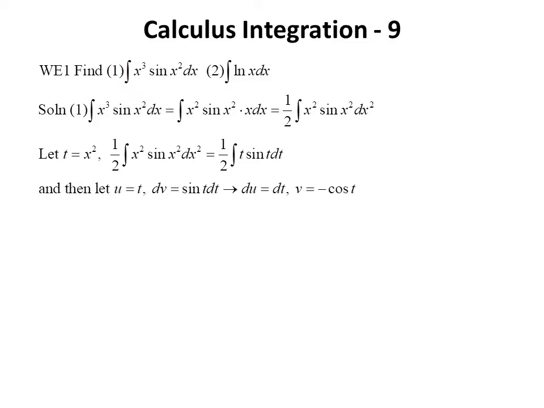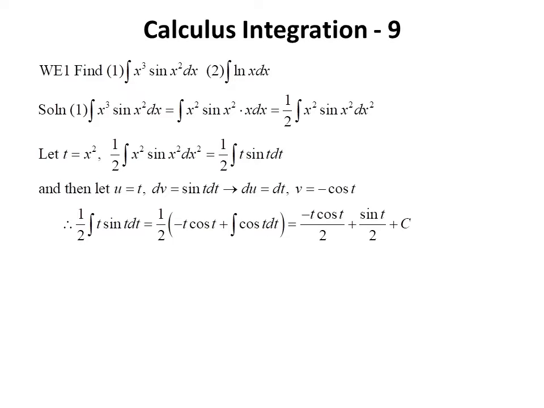Then we use the technique of integration by parts, assuming u equals t, dv equals sine t dt. That led to du equals dt and v equals negative cos t. Hence, 1 over 2 times the integral of t sine t dt equals 1 over 2 times negative t cos t plus the integral of cos t dt, in parentheses, which equals negative t cos t over 2 plus sine t over 2 plus c.